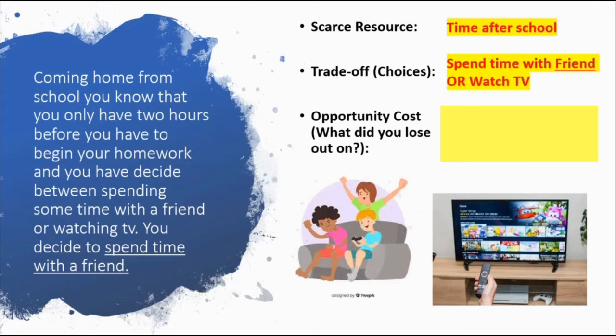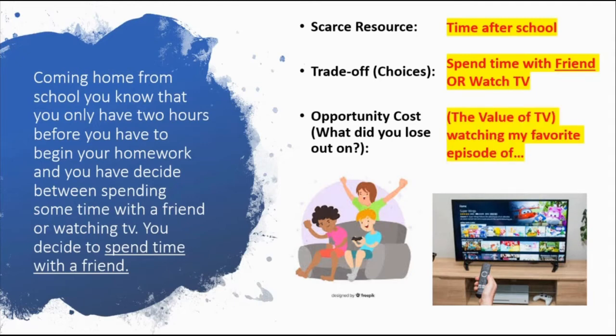So in this case, you would be looking at the value of watching TV, and that's going to be different for everybody. So here I picked out watching my favorite episode of something, whatever it was that I could have been looking at, right? So that's the opportunity cost, is watching my favorite TV show, okay?